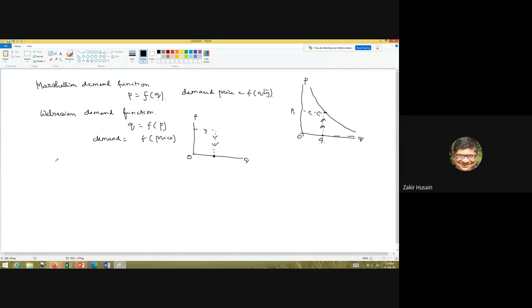Now, in the earlier case, when I differentiated, did we have a Marshallian demand function or a Walrasian demand function? What type of demand function did we take? Marshallian.